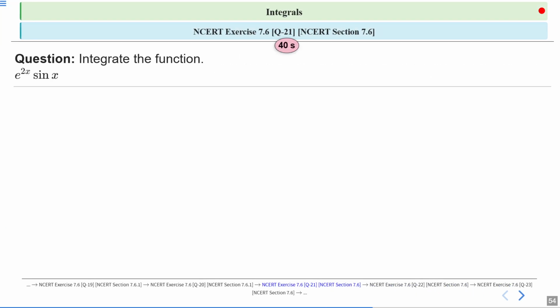Question number 21 is integrate the function e to the power 2x into sin x. So choose u and dv and try to solve.